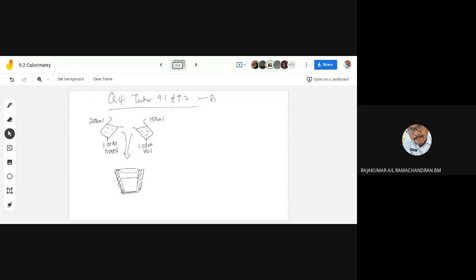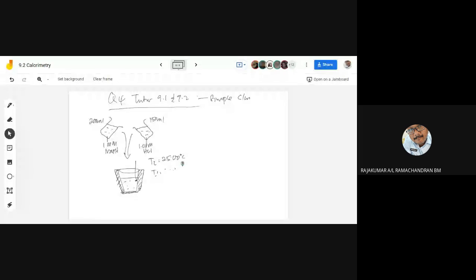thermometer. So T initial is 25.00 degrees Celsius and T final is 30.00 degrees Celsius. So after you mix, you put a stirrer there. Okay, you stir and then you record before and after. Before mixing is 25 degrees Celsius. That means ini pun 25, yang ini pun 25.